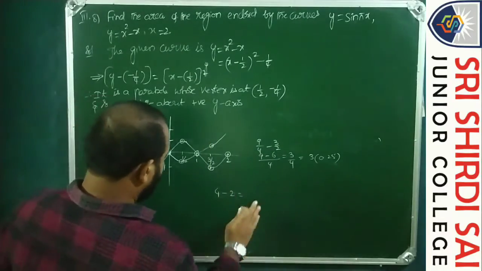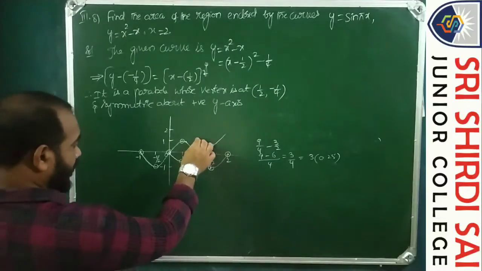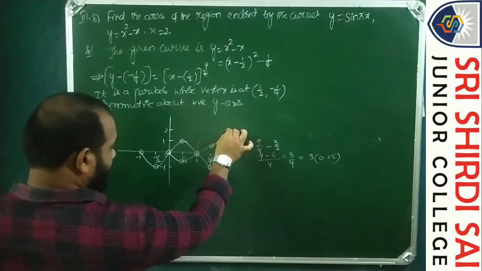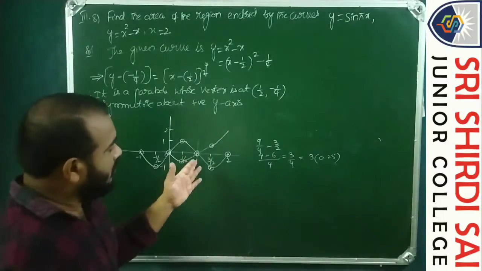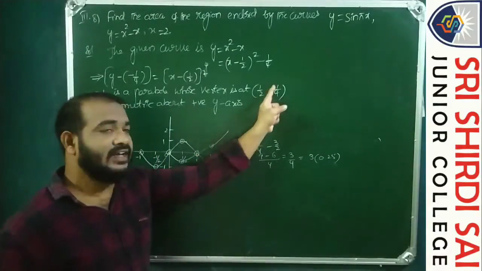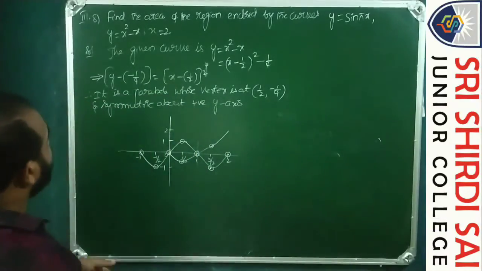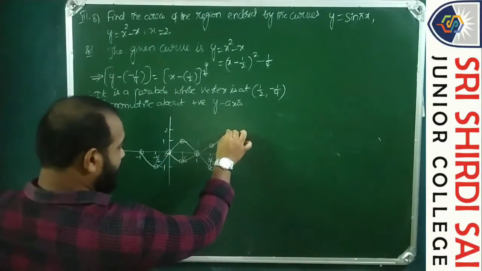Now both are intersecting at this region. It is not a bounded curve, it is an open curve, but actually we don't want that. x = 2 is the line.